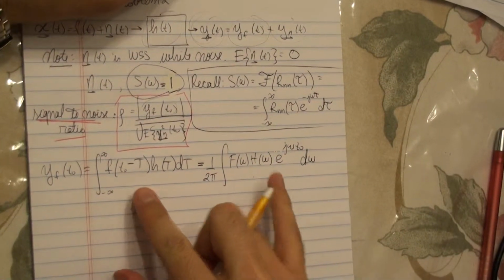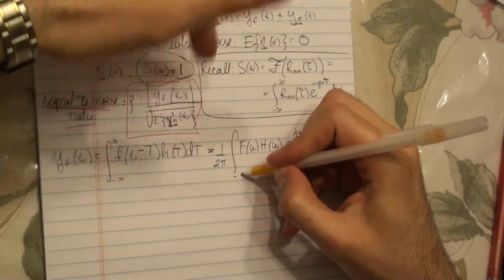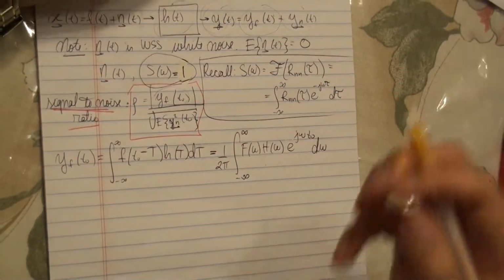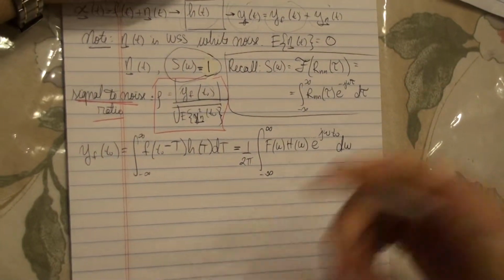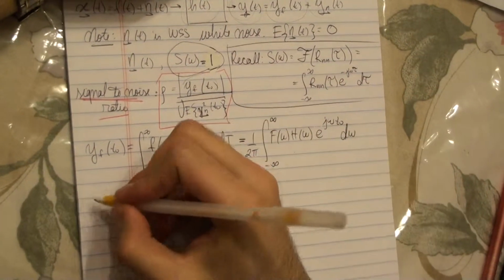So it's basically just rewriting what I have here. So we have found the first piece right here. Now we've got to find the bottom, which is a little harder.